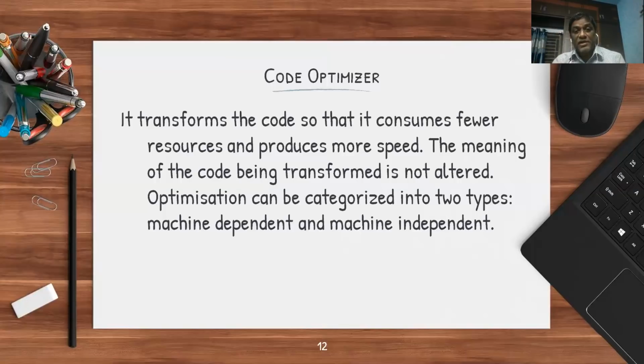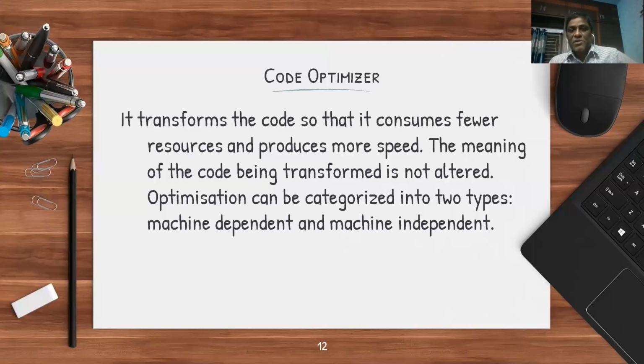One is machine dependent and the other one is machine independent. At this level, when intermediate codes are generated, the optimization type applied is machine independent code optimization. I'll show you an example of machine independent code optimization at the end of this session. And machine dependent code optimization is done when the target codes are actually being generated.